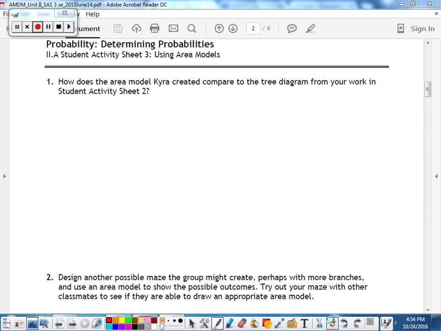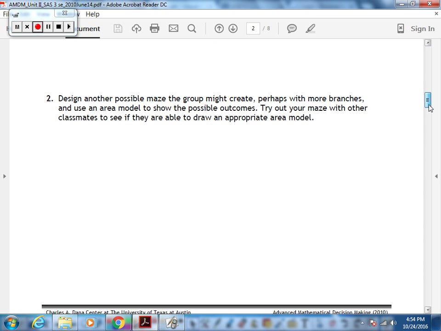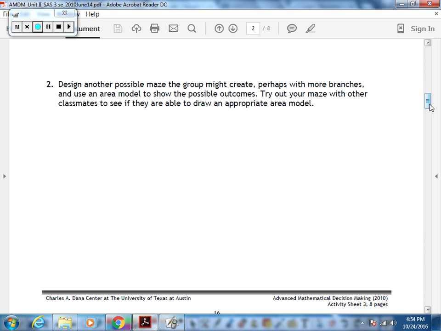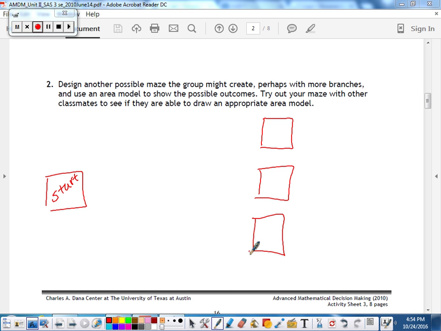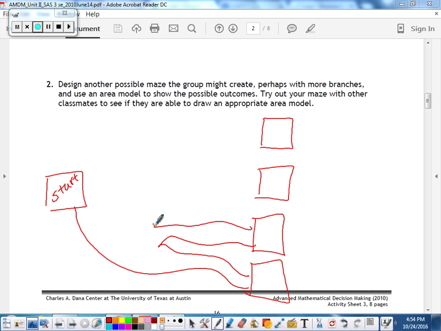Now, for the next question, number 2 said, design another maze the group might create, perhaps try more branches and then show the possible outcomes. You make your own maze. So you make your own starting point, and then you decide how many pumpkins or no pumpkins you're gonna have, and then just start drawing some branches that go from here to there and so on.